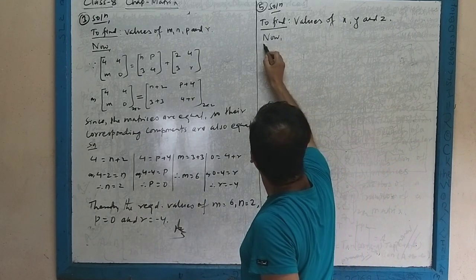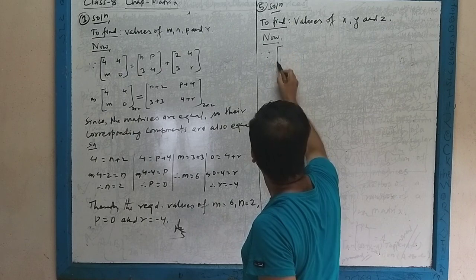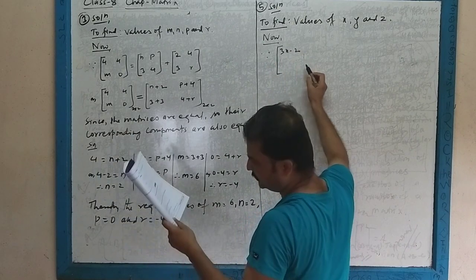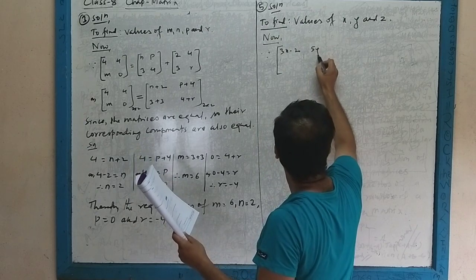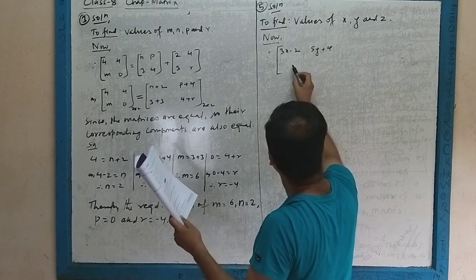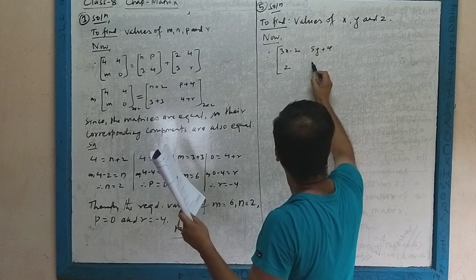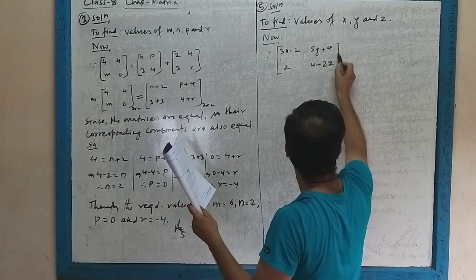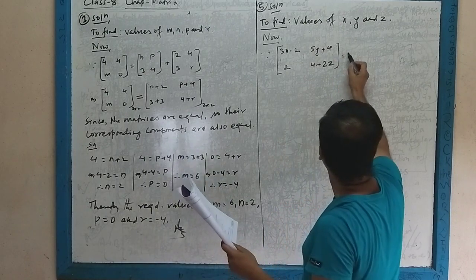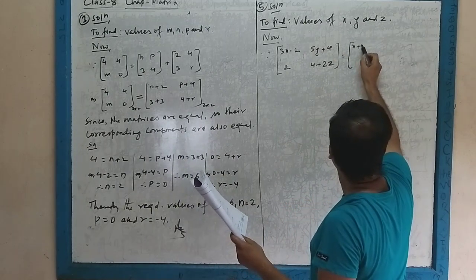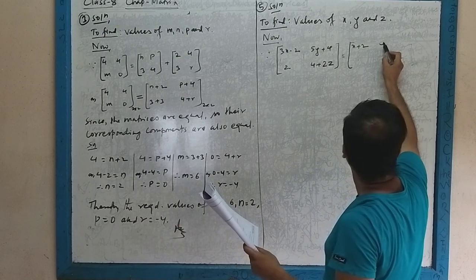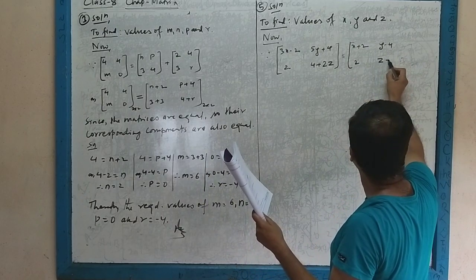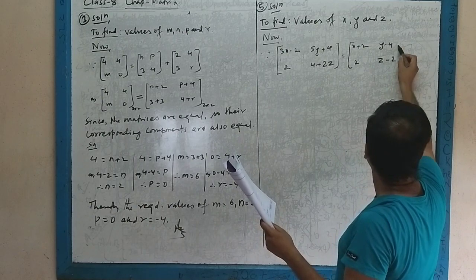Now, what is given to us? 3x minus 2, 5y plus 4, 4 plus 2z is equal to x plus 2, y minus 4, 2, z minus 2.